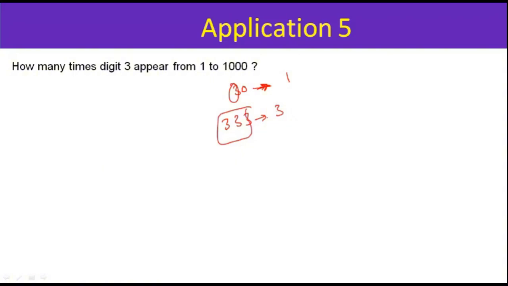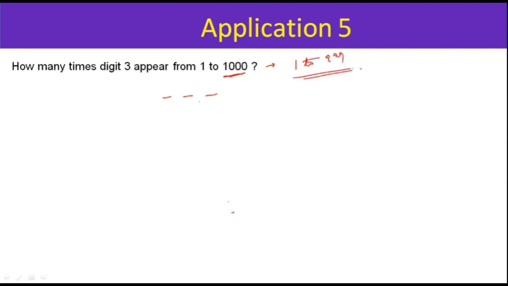Now try to solve. See, how many times does digit 3 appear here? Which means it's essentially either a 1-digit number or a 2-digit number or a 3-digit number. It's not a 4-digit number because 1000 does not have 3. So I can similarly ask how many times the digit 3 appears in numbers 1 to 999.